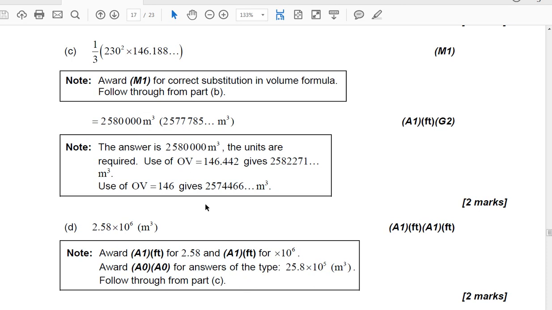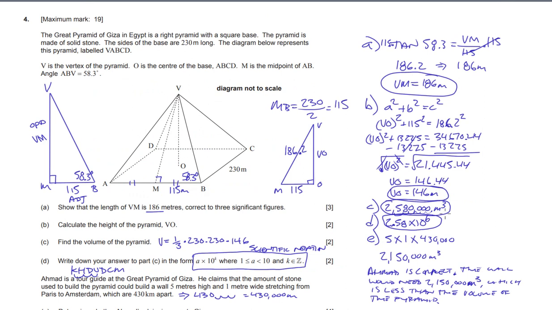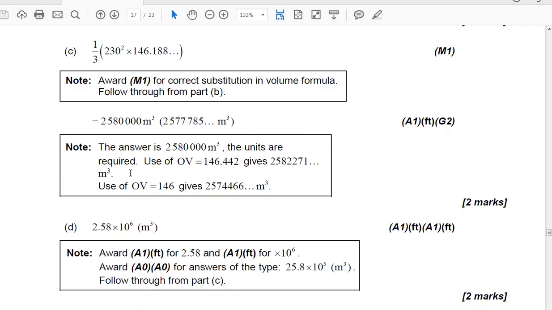The units are required. Let's make sure that we put our units on there. I hope we did. There it is, meters cubed. So there's that. Did we show anywhere where we plug that in? Oh yeah, here's our volume. Here's our work for part C, so we should be okay on that.